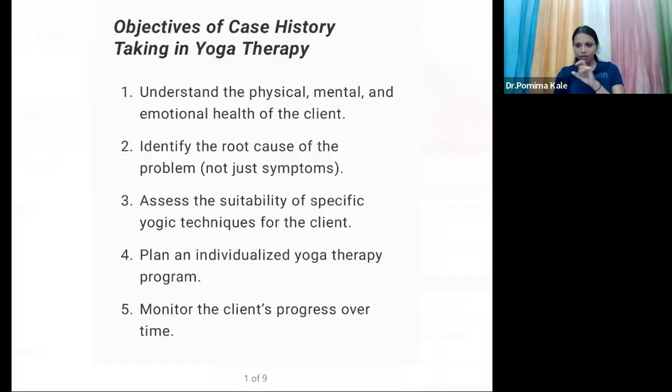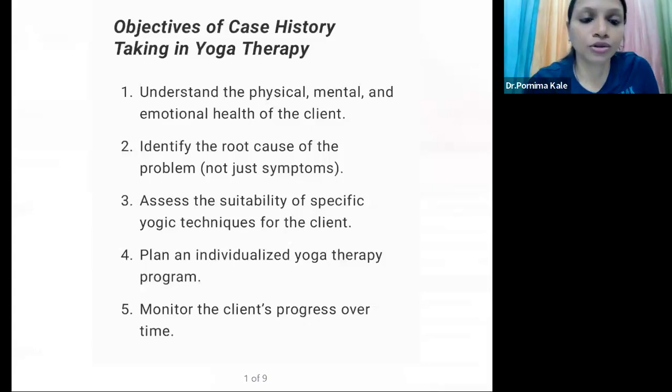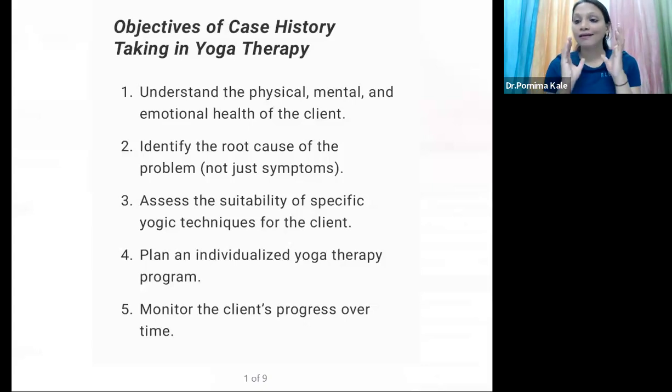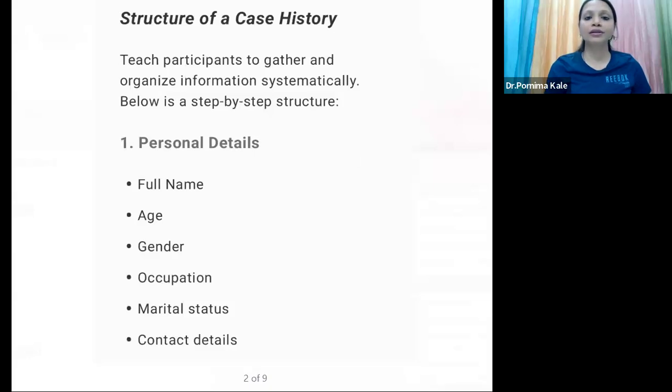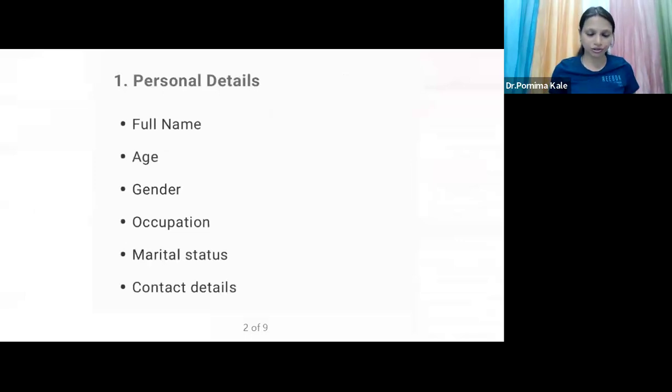Again, whatever we have seen till now is all written in this: to understand the physical, mental, emotional health of the patient, identify the root cause of the problem, assess the suitable, specific, customized yogic therapy for that particular patient, plan an individualized yoga therapy program, and monitor the client's progress over time. So what is the format? I'll share the PDF, but here just the points are written.